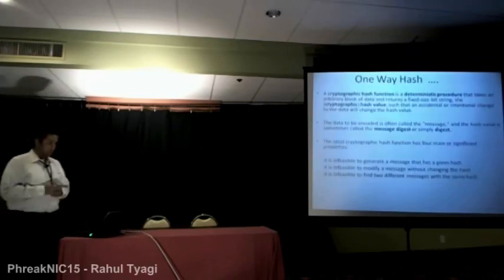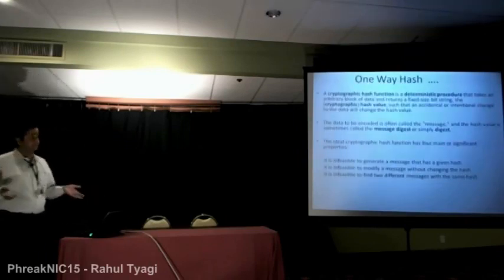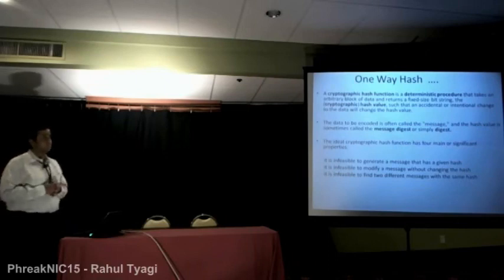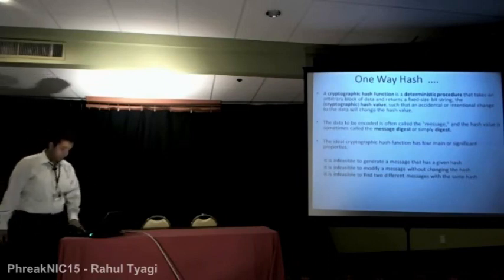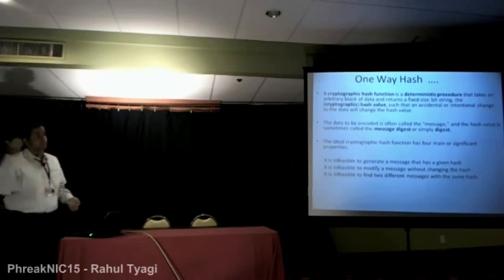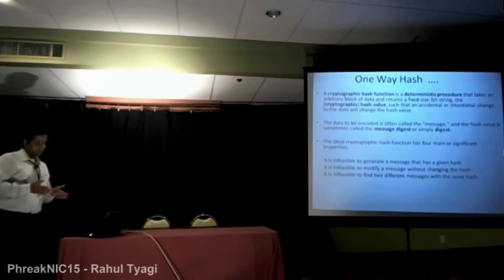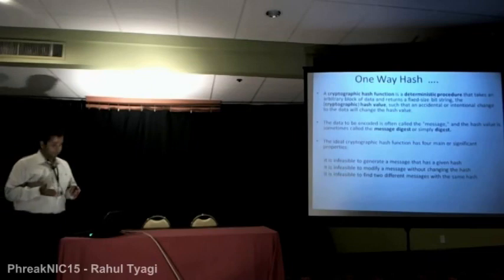Like I said, if someone tries to modify a message by changing one of the digits of the credit card number, the output image you would get would be completely different.